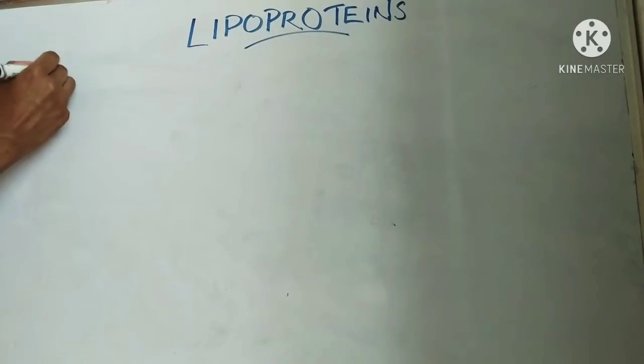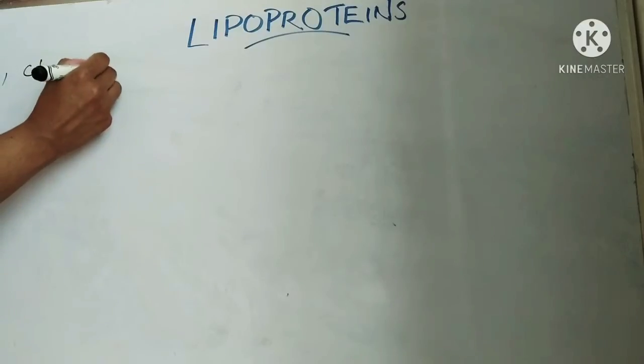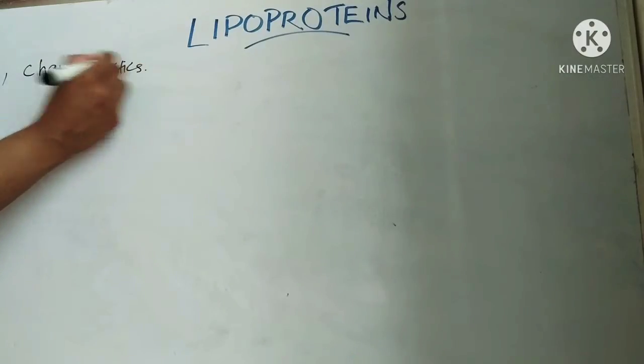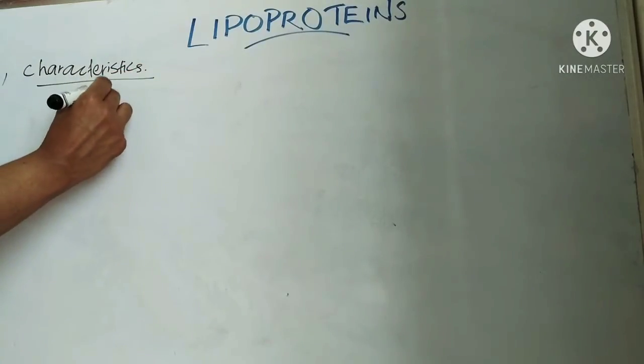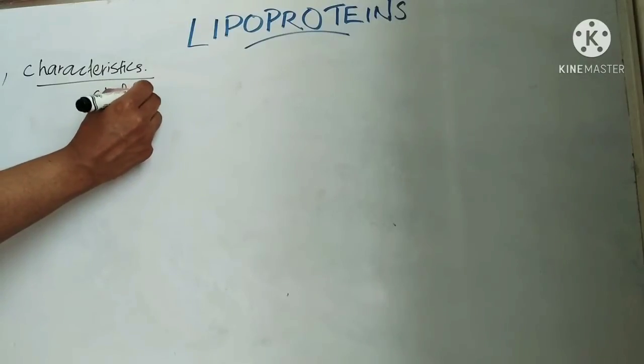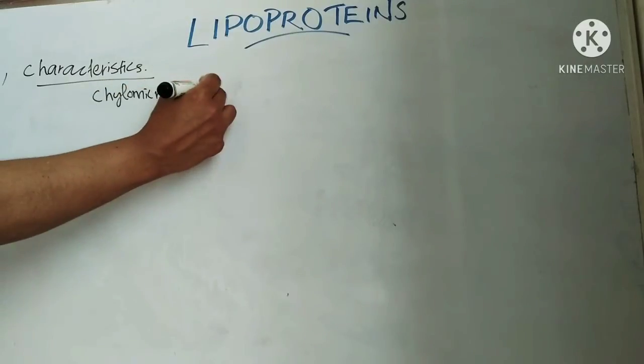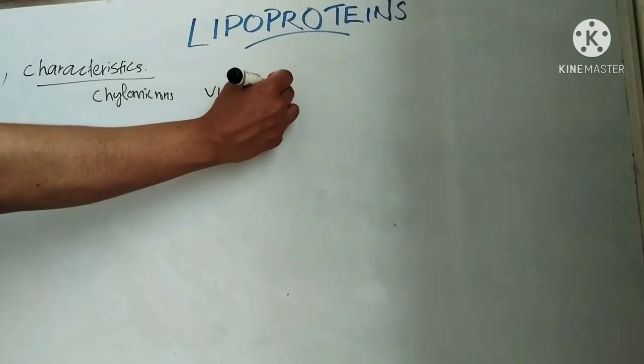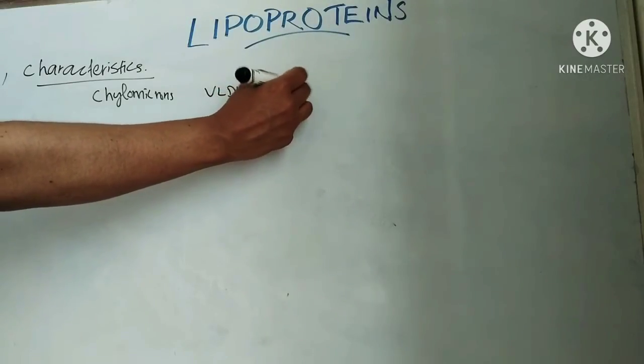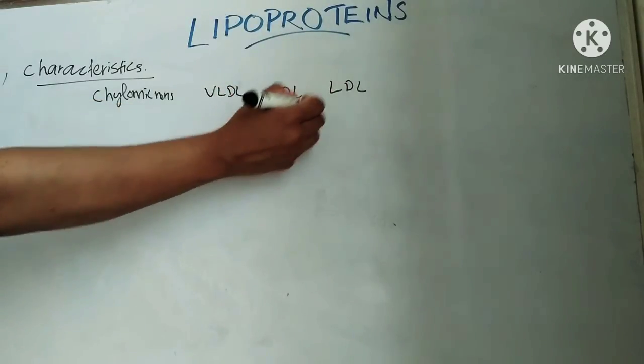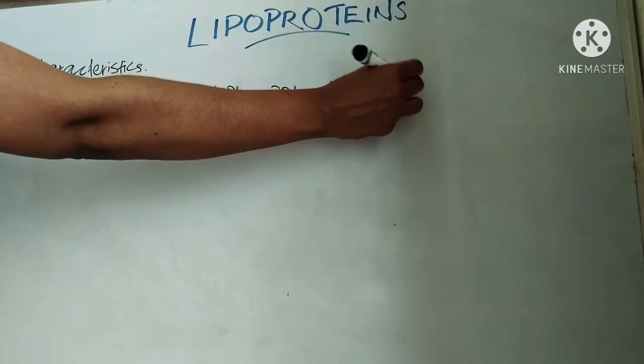Characteristics. First one, chylomicrons, VLDL, then comes IDL, LDL and HDL.